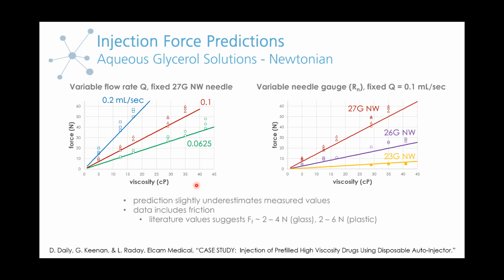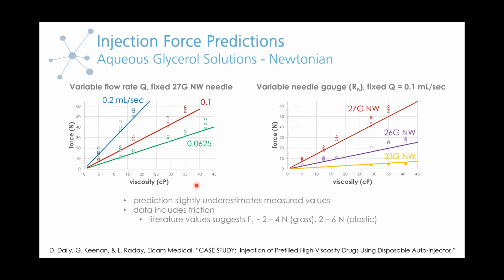And of course it's going to vary quite a bit depending on the materials, and also I know that sometimes the inside of the syringe is coated to minimize the friction, so of course that will drop it. But just as a ballpark range, I found that it's anywhere from roughly 2 to 4 for glass syringes, which is what this group had used, or 2 to 6 for plastic.